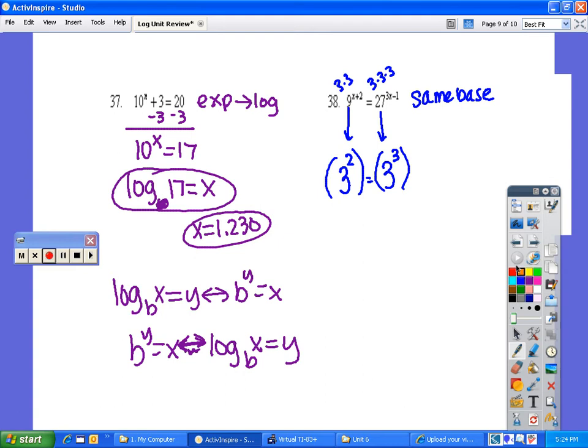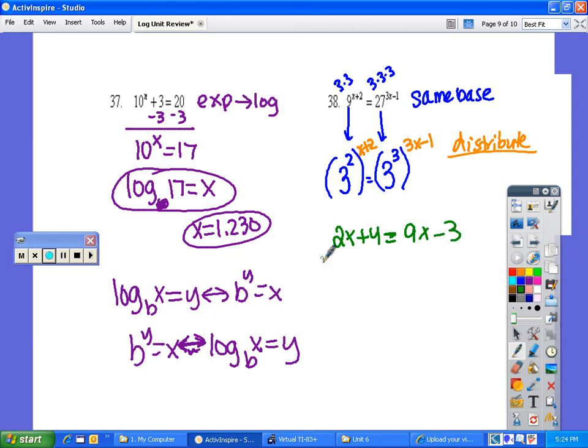So now I take what's on the outside and place it there. And that means that I'm going to be distributing. So once you distribute, you get 2x plus 4 equals 9x minus 3.